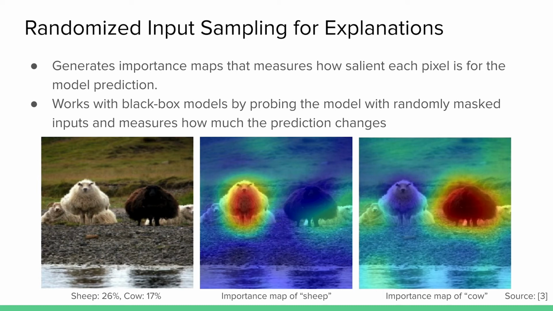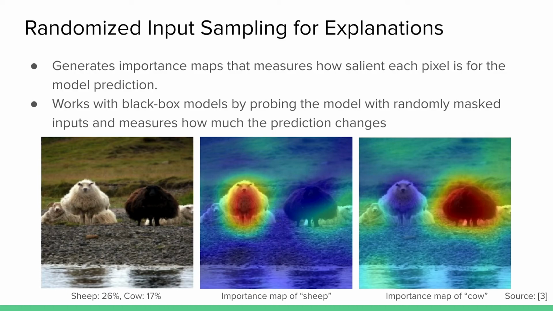If we do this, we can see that once we mask out the left sheep, we get the prediction cow, and if we mask out the right one, we get the prediction sheep. So apparently the left part is why the model predicted sheep, and the right sheep was creating the prediction of a cow, probably because of the color and the shape and so on. So this is also a quite interesting model that you can play around with.